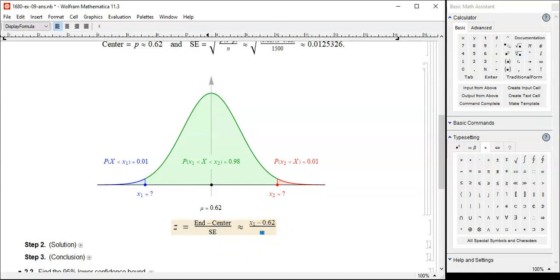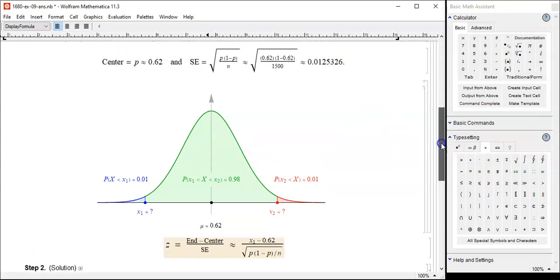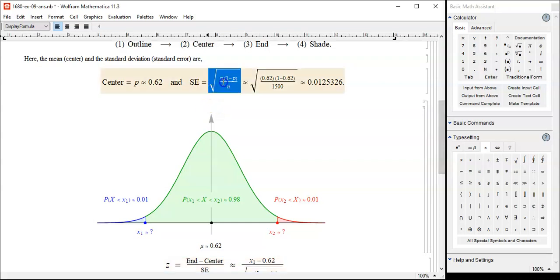It is square root of the proportion, 1 minus proportion, over the sample size. This formula here. 62%, 1 minus 62% over 1,500. Here's the computation, and here's the result.